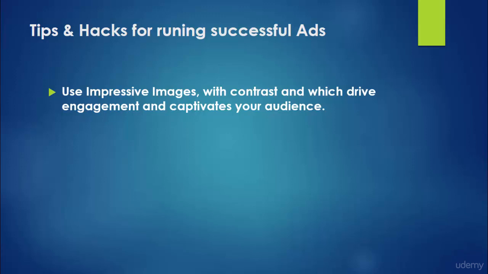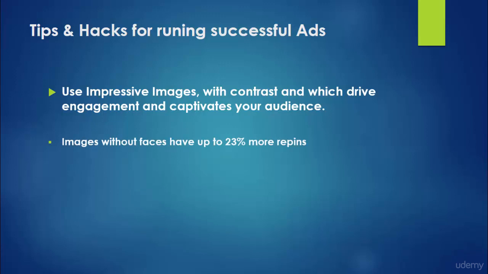So the tip or the hack is to use impressive images with a lot of contrast, because contrast has been statistically one of the factors that drive more engagement on Pinterest, and practically use images that drive engagement and captivates your audience. Now, here are some tips for doing this.